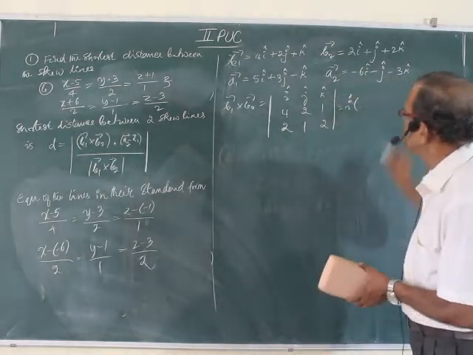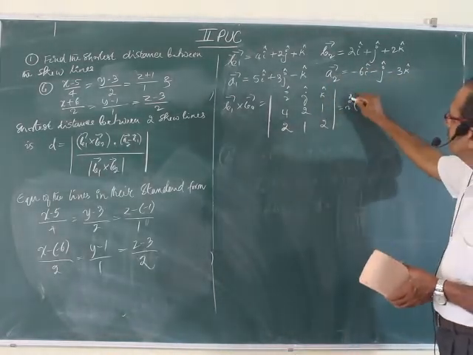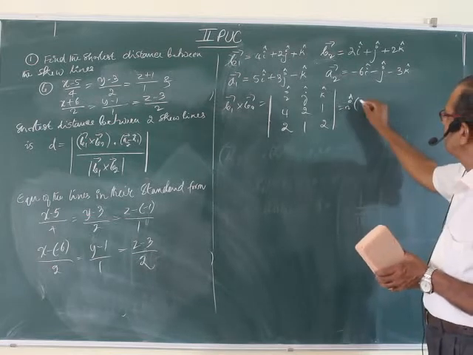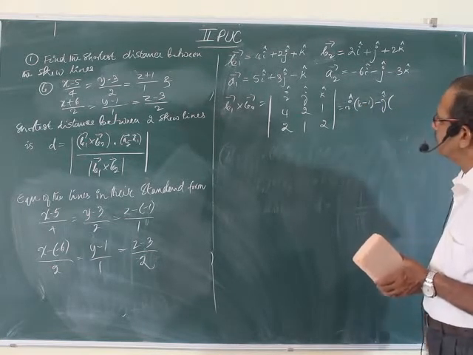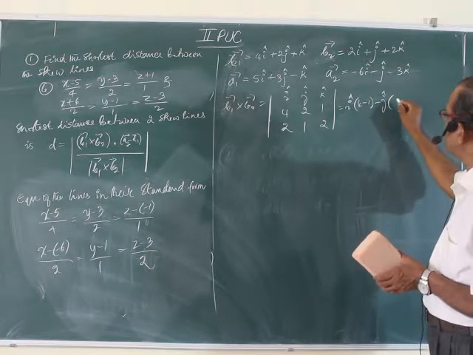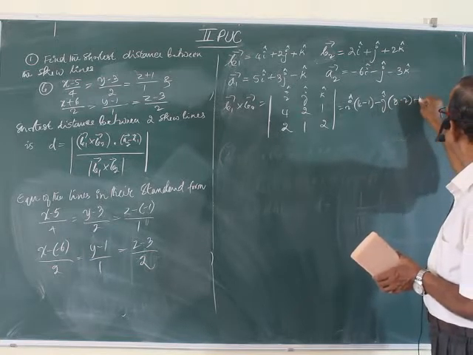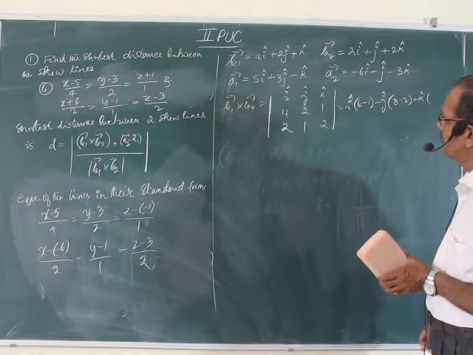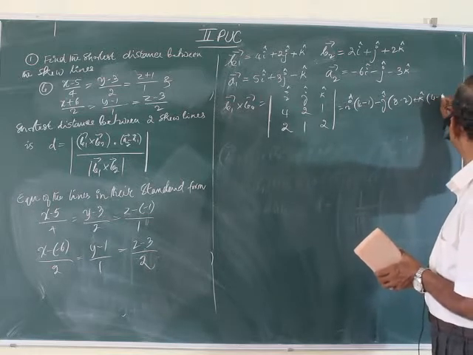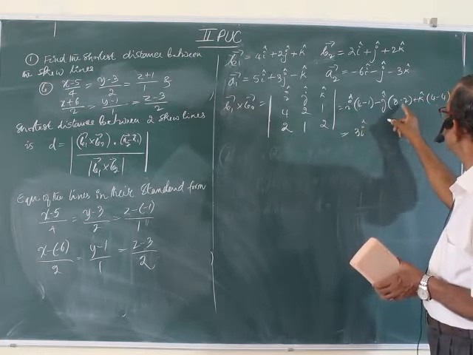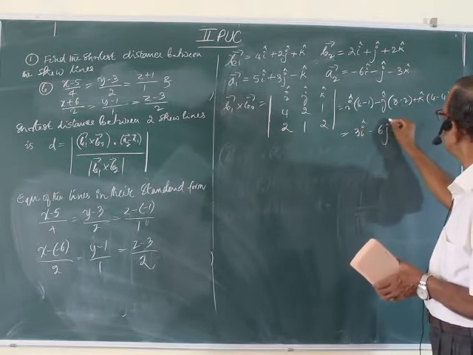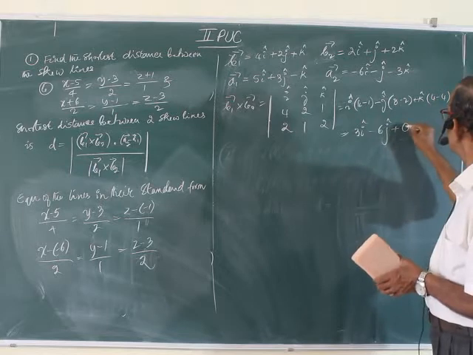And it is 4 minus 1, careful, j: 8 minus 2, k: 4 minus 4. So it is 3i minus 6j plus 0k.